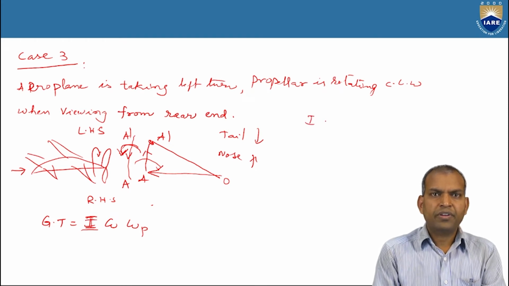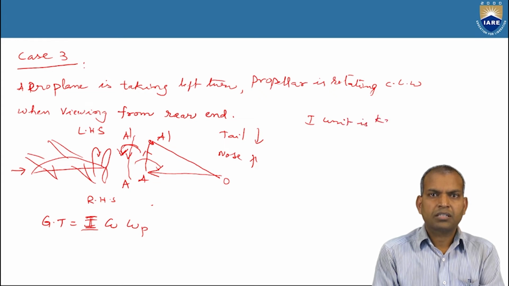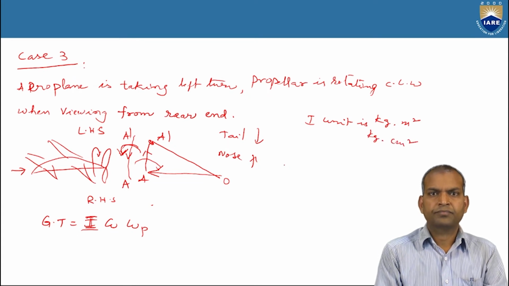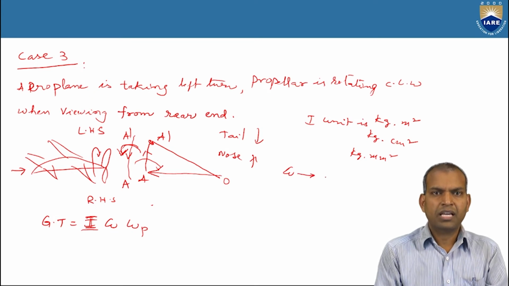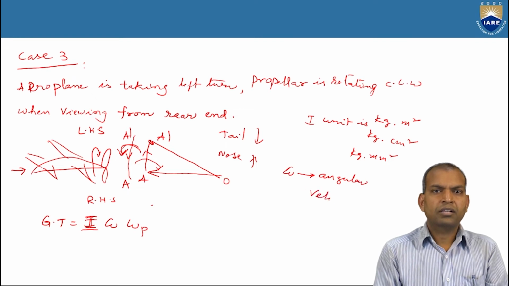The mass moment of inertia unit is kg meter square, or kg centimeter square, or kg millimeter square. Then what is omega? Next parameter, omega is angular velocity.